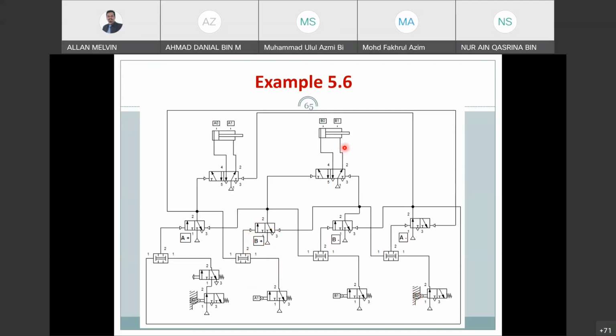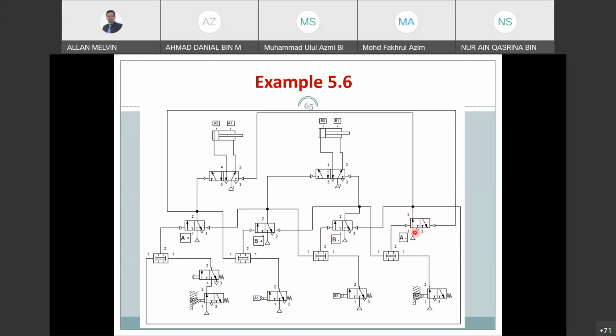So kalau yang ni at the retractor position and B0 is active, dia bagi input pun, yang ni just sequence A minus. Meaning dia masih dalam retractor position. Tapi kalau B plus, yang ni aktif, automatically dia extend. So you need to be careful lah.